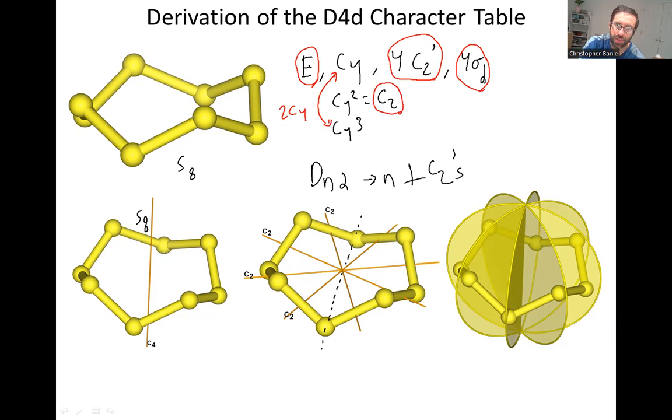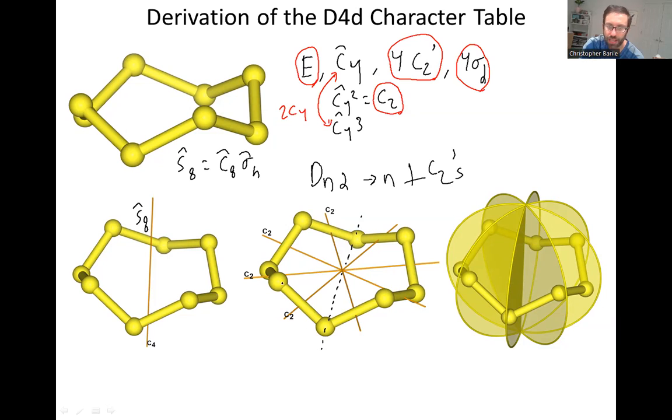I should be using hat notation when I'm talking about an operation, but when I'm grouping them into classes, I drop that hat notation. Classes don't use the hat notation, operations do. But when we're talking about an S8 operation, what is that? That's a C8 followed by a sigma h.